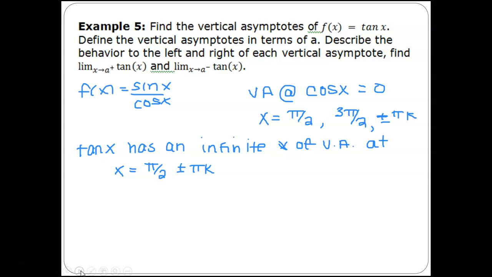So we're going to call a equal to pi halves plus pi k. Because k could be an integer.